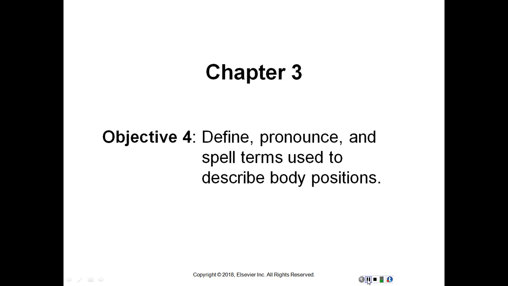Sims position, lying on side in a semi-prone position with the knee drawn up toward the chest and the arm drawn behind parallel to the back. Supine position, lying on back facing upward. And then we have the Trendelenburg position, lying on back with body tilted so that the head is lower than the feet.